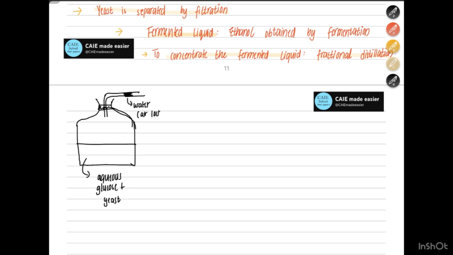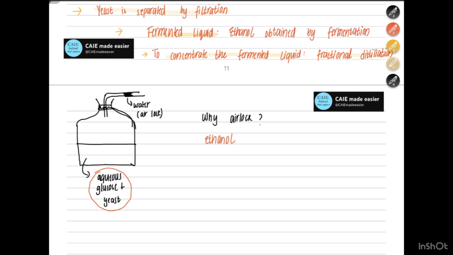So the question here is, what is the purpose of the airlock? Why is the airlock present? Basically, in the presence of aqueous glucose and yeast, ethanol is formed, right? But ethanol in the presence of oxygen can be oxidized into ethanoic acid.